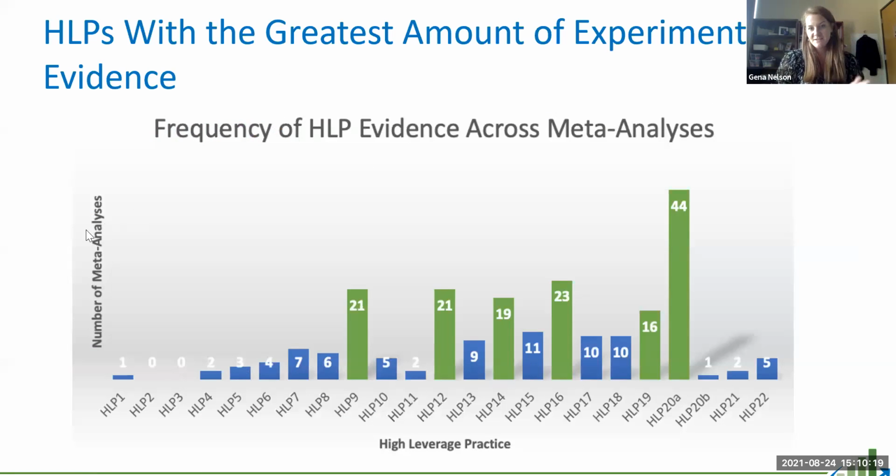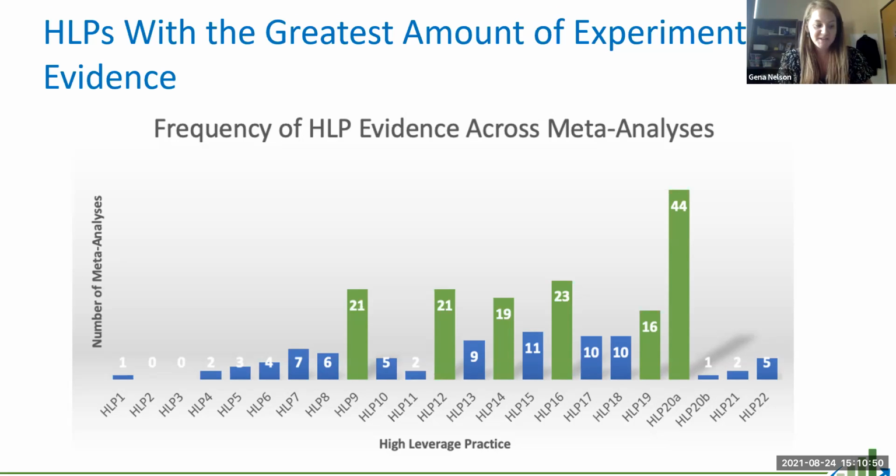Our research study was guided by the development of the HLPs, as well as the understanding that teachers are expected to implement a lot of practices with an evidence base as they work with students with disabilities. So we were interested in investigating further the quantity of research evidence that investigated each of the high leverage practices.